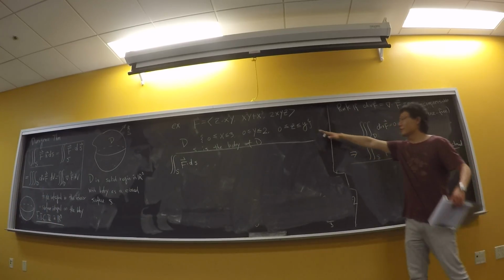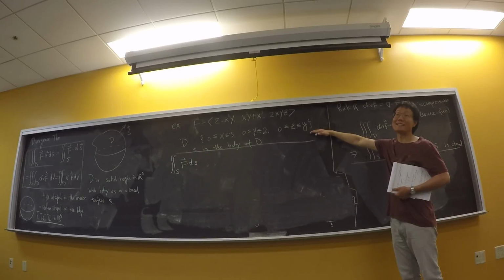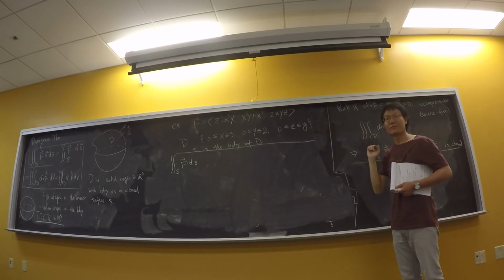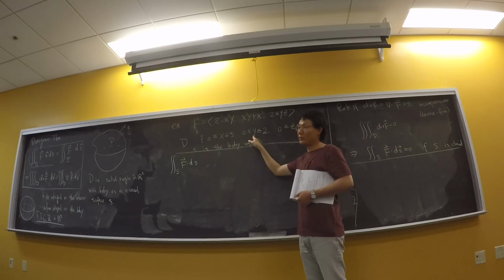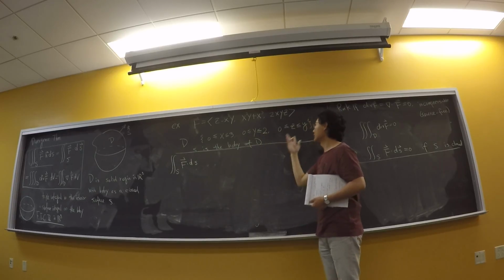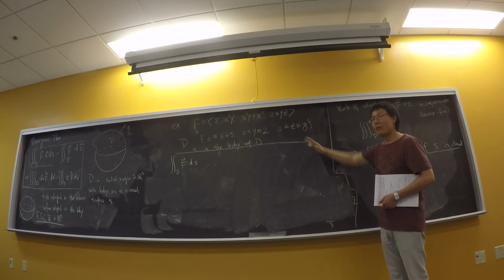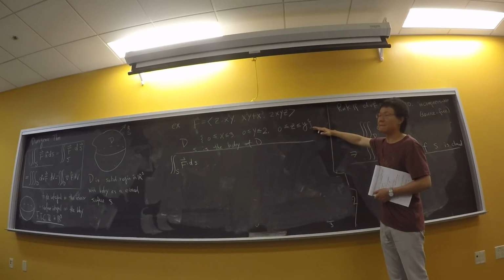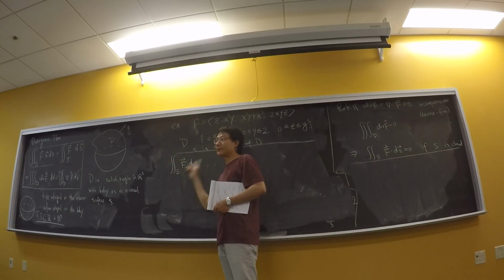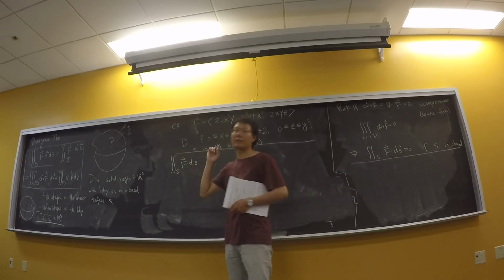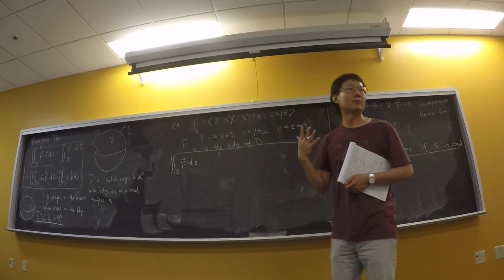First of all, if I ask you which type of domain this is in terms of triple integral? It's z-simple, and in the xy variables it's simply a rectangle. So the only thing you need to worry about is the z variable. However, even though this domain seems pretty easy, graphing it is not quite trivial. The surface as the boundary of this domain is going to be a collection of planes.